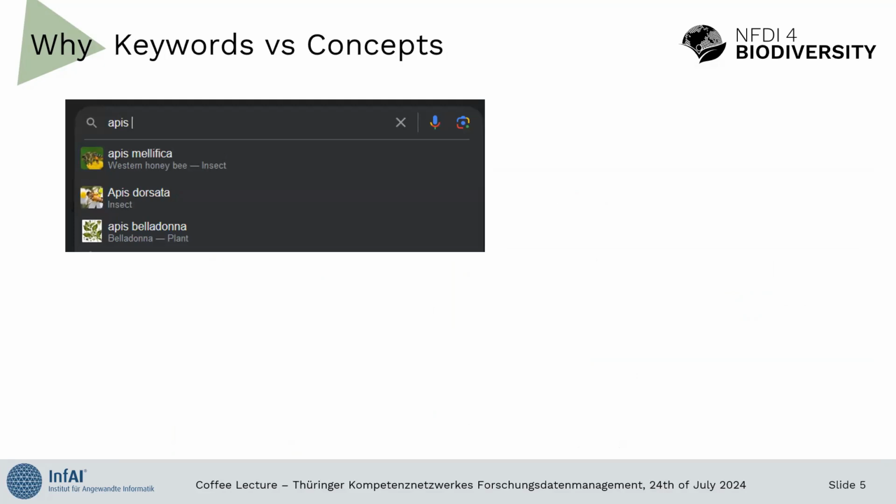This is done in Google search since many years. If I type Apis, I will see the different concepts: the first one is the honeybee, the second one is an insect, but the third one is a plant.